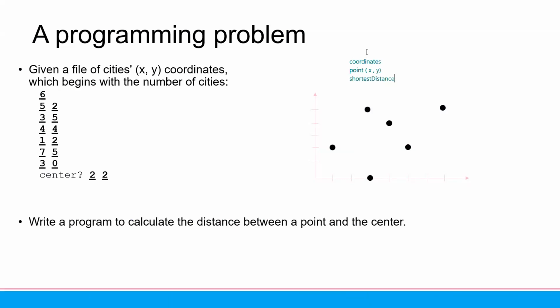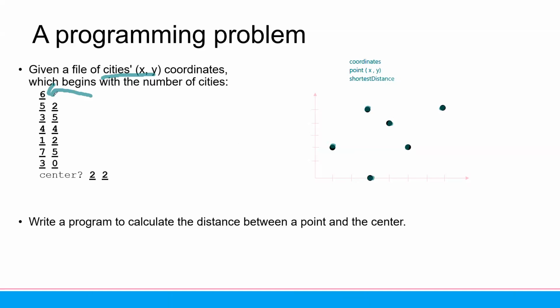But now I want to say that this is a problem about cities. I know this city, this city, this city, and so on. Let's suppose I want to create 6.